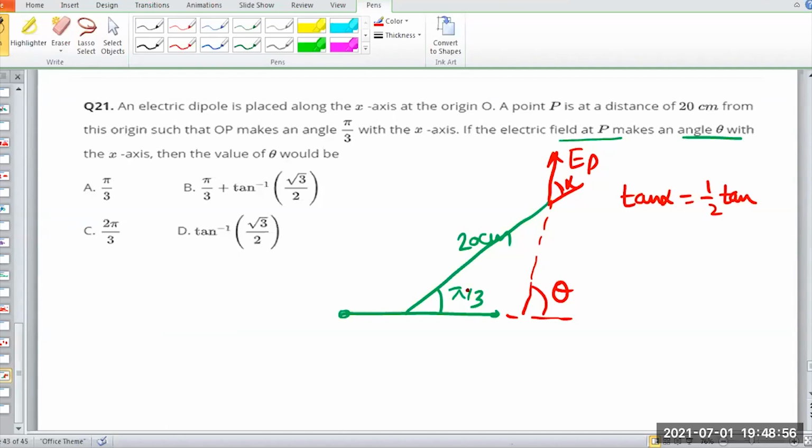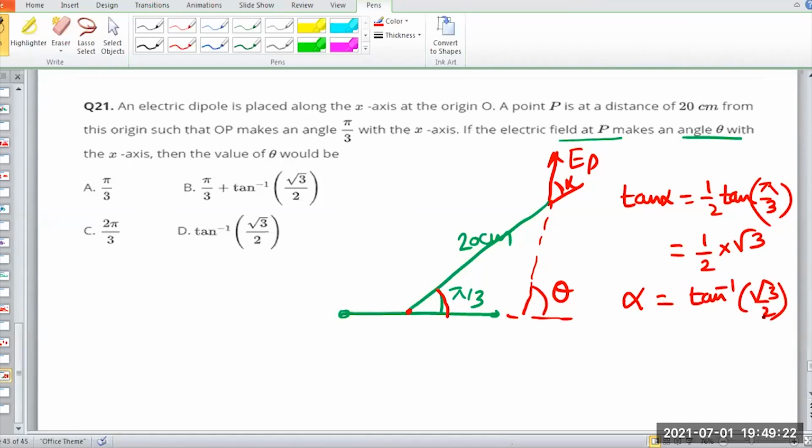Now you see the trick is this only, because we have memorized tan theta. It's not tan theta, it is half of tan of the angle which that point is making with the center of the dipole. So I will write tan pi by 3. So this comes out to be half into root 3. So alpha comes out to be tan inverse root 3 by 2.